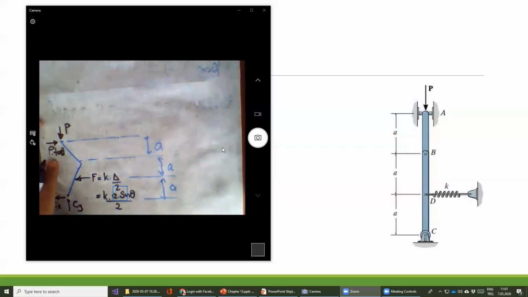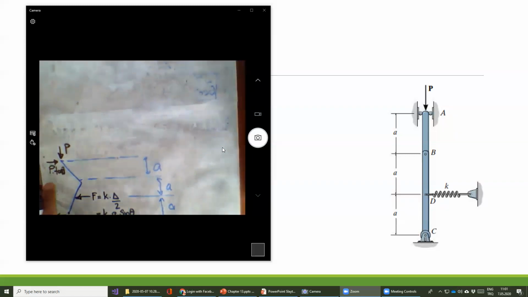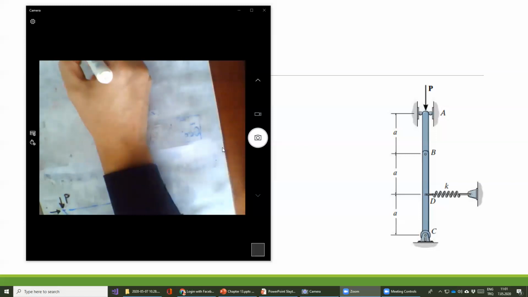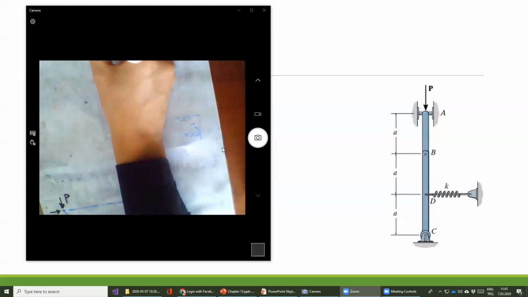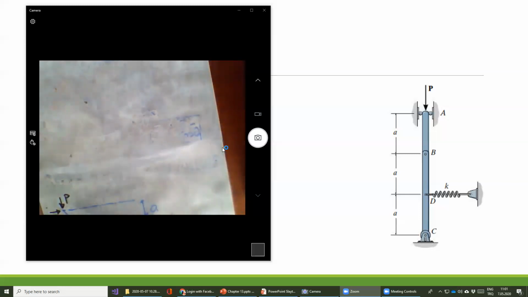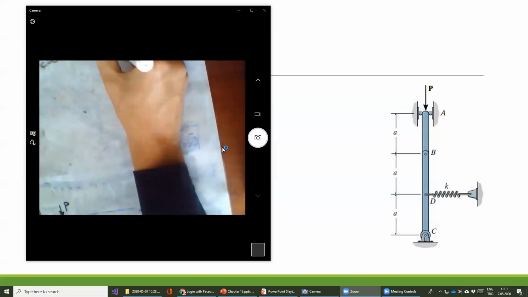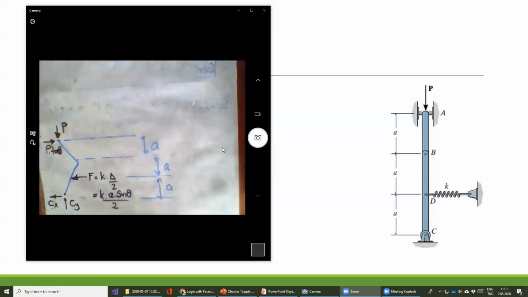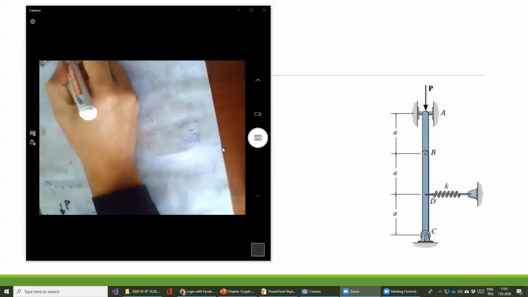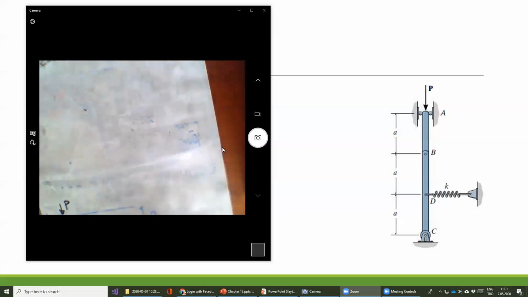First one is Ax, which is equal to P times tangent theta, and the moment is P times tangent theta times the moment arm 3a, and the direction is clockwise, therefore I write the minus.